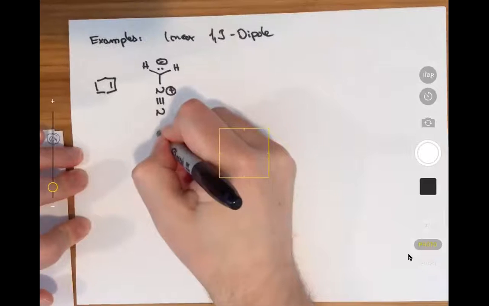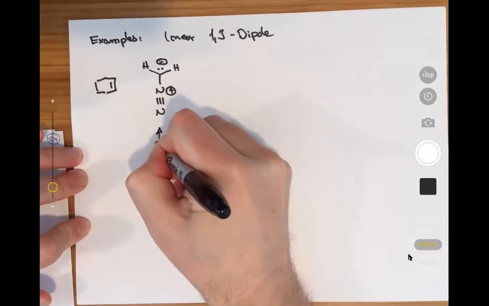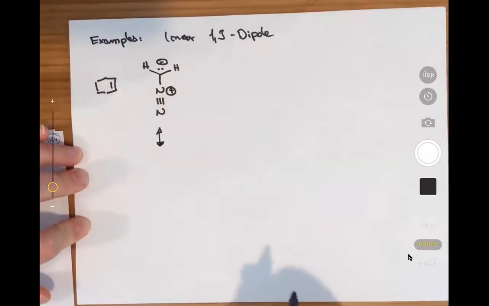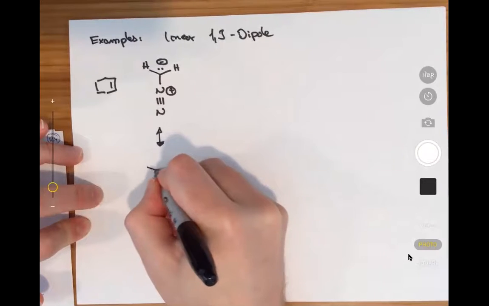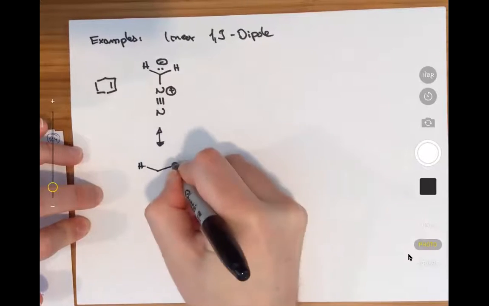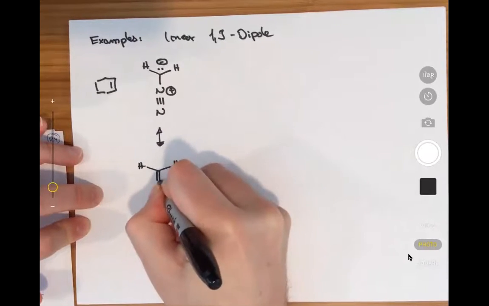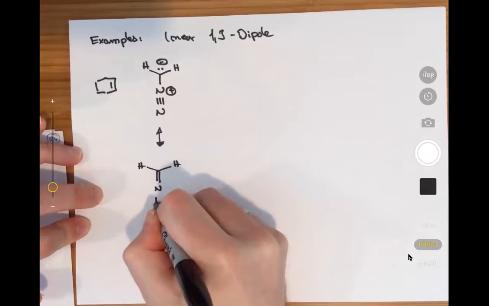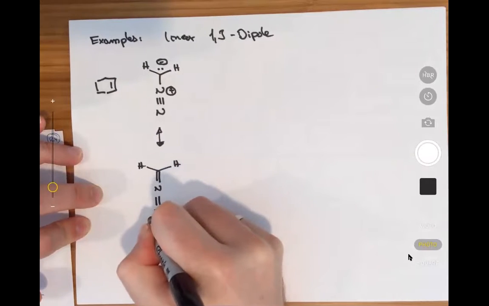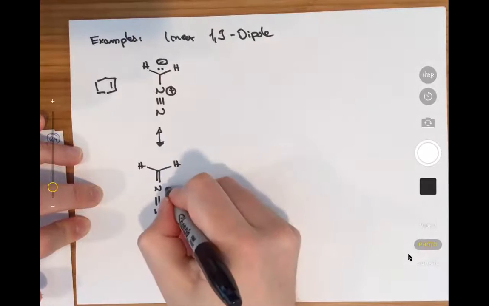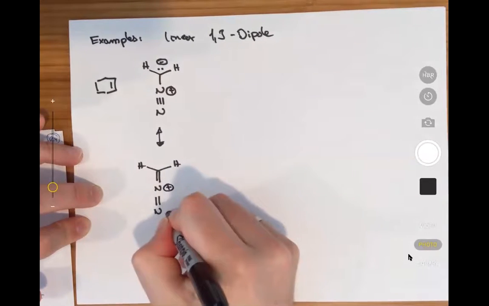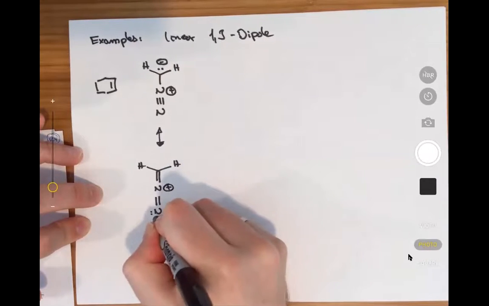Just to clarify this a little bit, you might be able to draw this out in a different conformation also that you'll see in textbooks. So something like this is just essentially a resonance structure of the same system. So we have a positive charge here and a negative charge over here.